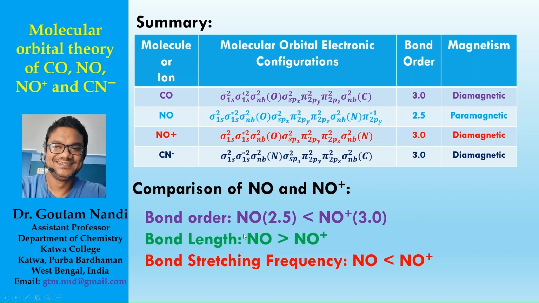Okay, so for NO the bond length will be greater than NO plus, and bond stretching frequency will be more for NO plus as the bond order is greater. Greater the bond order, greater will be the bond strength, and that will increase the bond stretching frequency. So NO plus will have higher stretching frequency than NO.